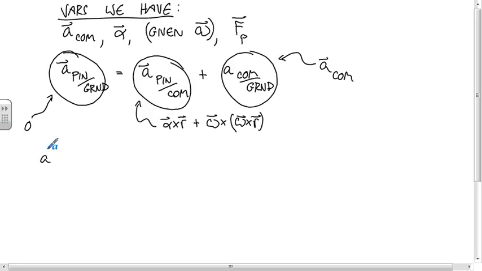Okay, so the acceleration of the pin relative to the center of mass is 0, 0, alpha crossed with, what's the R that we want?